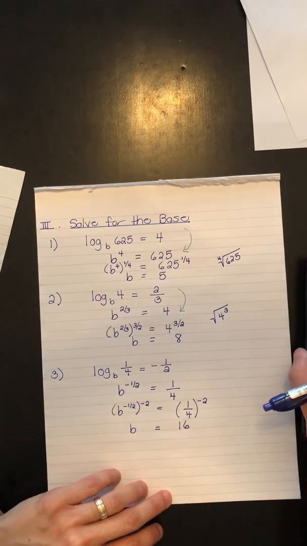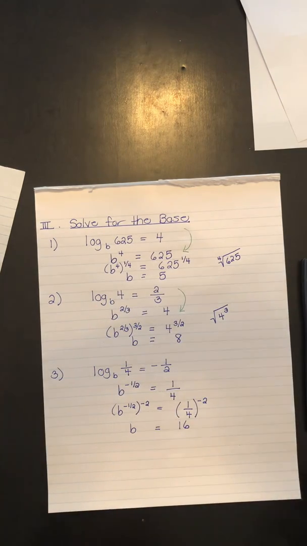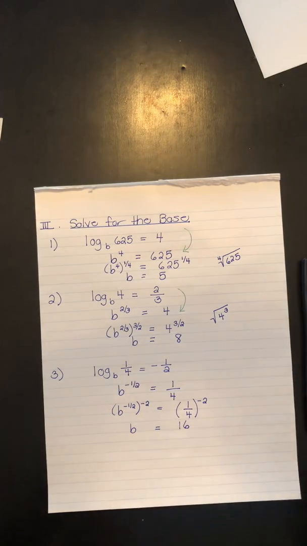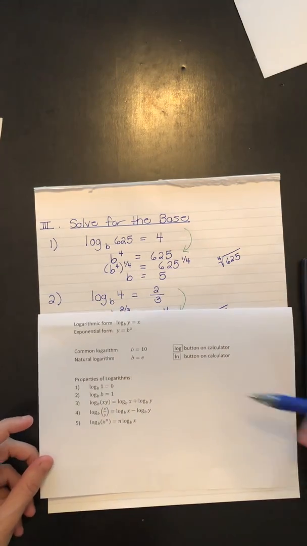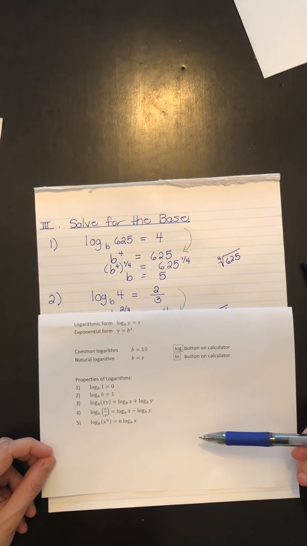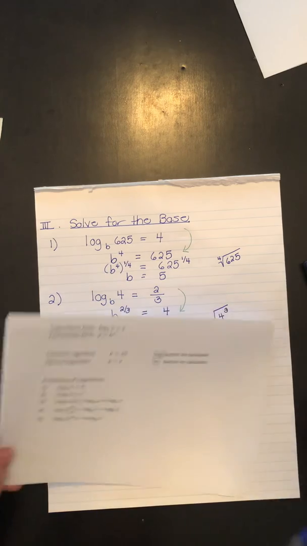Okay, so I hope that you were able to follow that lesson quite well. So what you want to do is go into Blackboard, make sure you notice that I have posted a copy of this formula sheet.